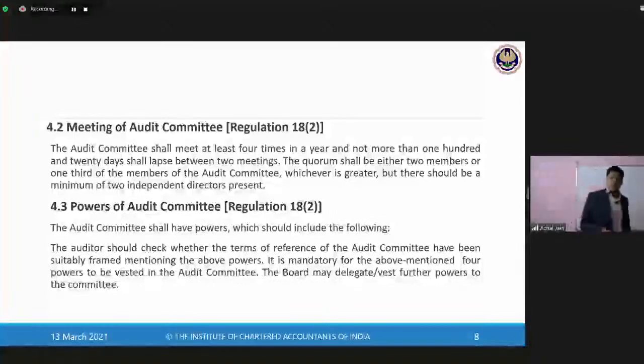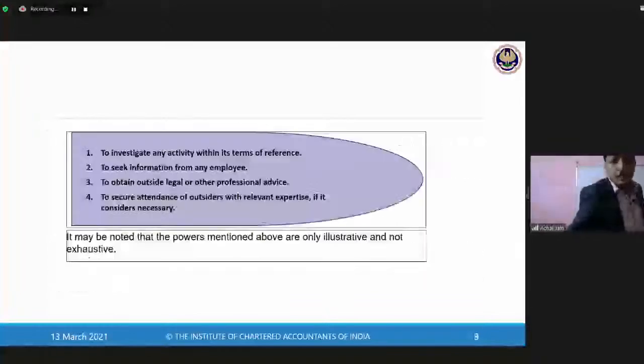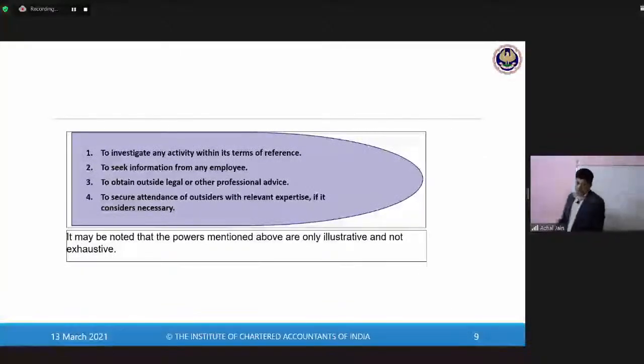What are the powers which have been assigned to the audit committee? They have these powers: to investigate any activity within its terms of reference, and of course, as per the terms of reference, if there is any activity, they can investigate that matter. To seek information from any employee in respect of various functions of the audit committee.